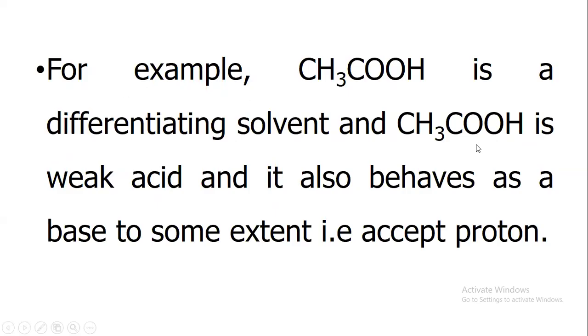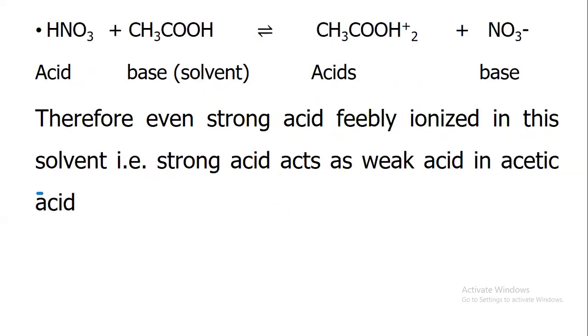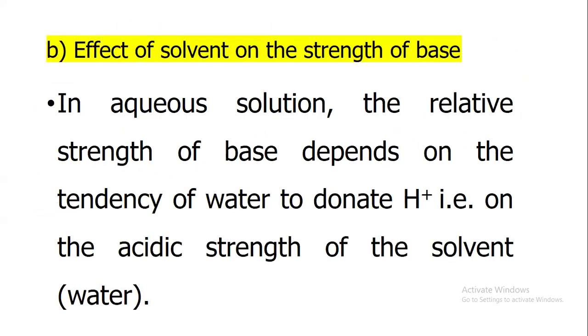Acetic acid is a weak acid and it also behaves as a base to some extent, that is, it accepts protons. Nitric acid and acetic acid act as the acid and the base. Therefore, even a strong acid is feebly ionized in this solvent, and a strong acid acts like a weak acid in acetic acid.